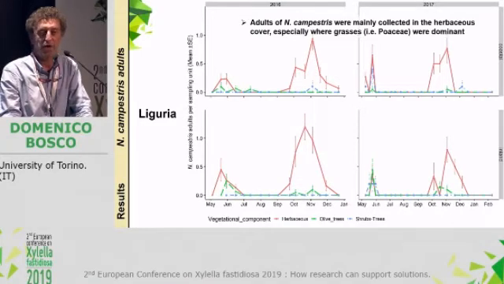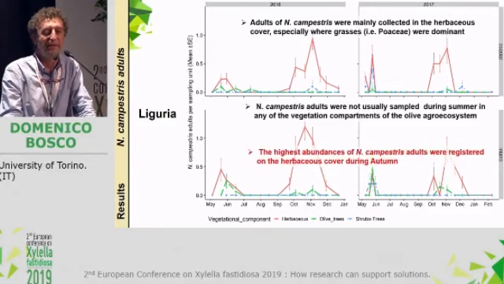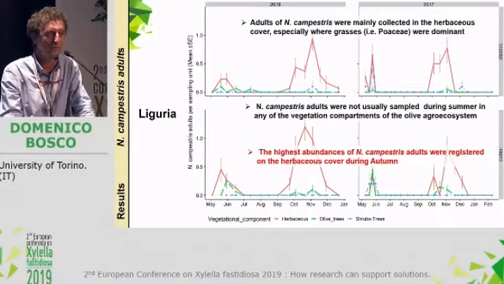Also here, the adults were really associated with gramineous plants. Also in Liguria, we failed to collect adults of this species during summer months in the different vegetation compartments of the olive agroecosystem, but the highest abundance of adults of Neophilaenus was registered late in the season, during autumn.